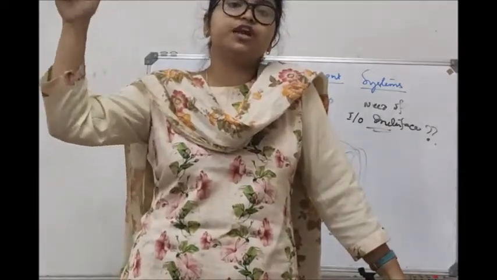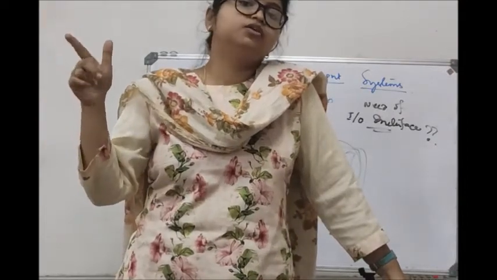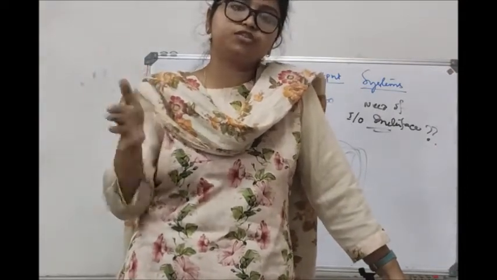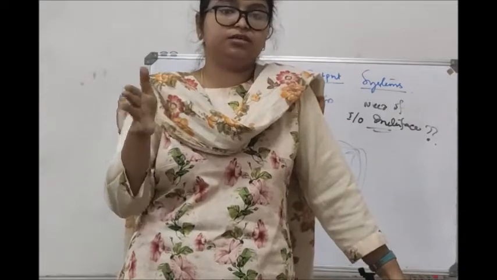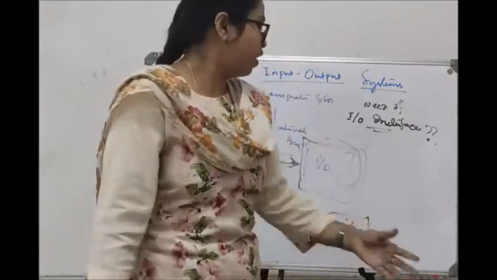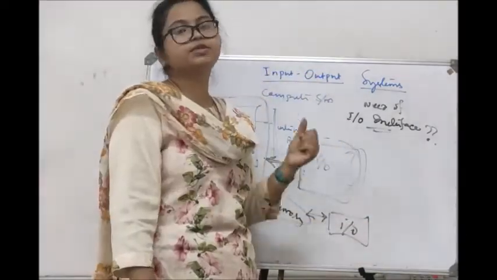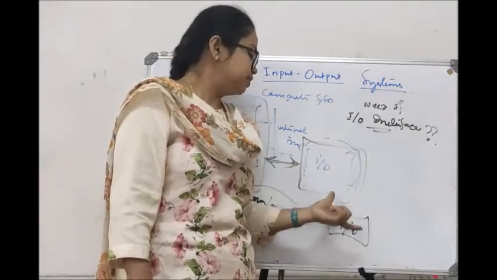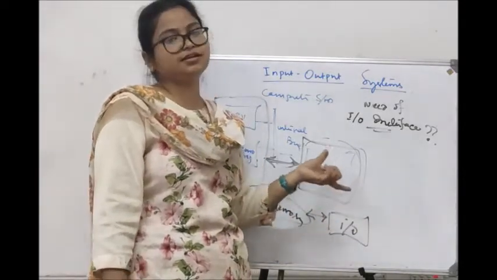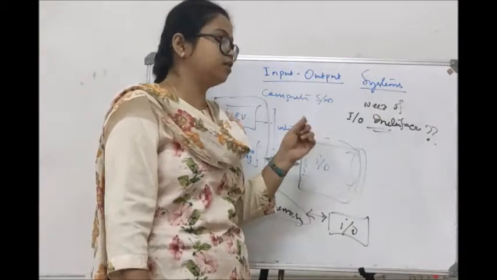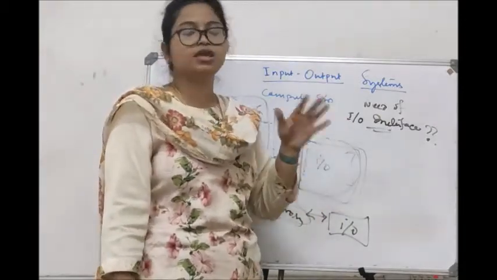The processor works with a definite clock. There are clock pulses according to which the processor has its speed. Now IO speed will not be the same, because these are totally external entities like pen drive, external memory, keyboard.